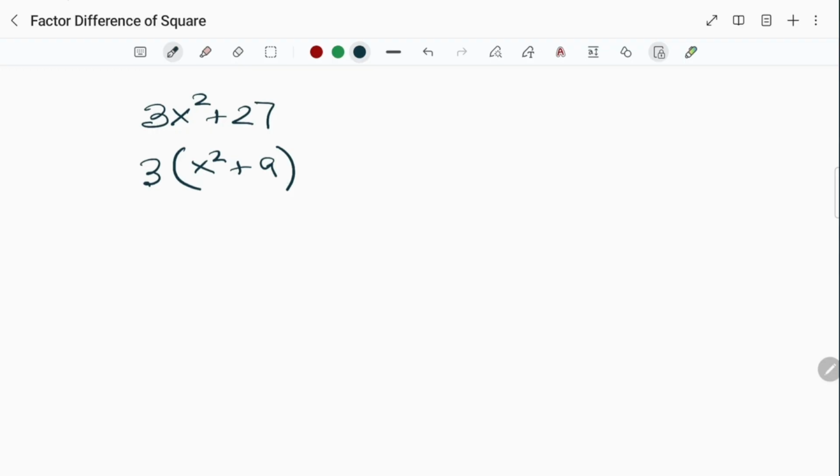It's true that we can say that this term is a square and the other term is a square, 3 to the square, x to the square. But the point is that we cannot treat this exercise as a difference of the square, because a to the square plus b to the square in general terms is not factorable.